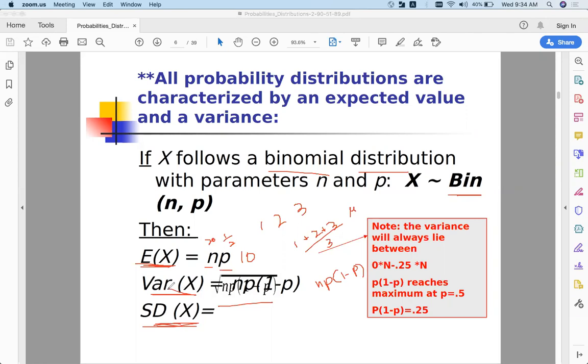So it's very important you understand the formulas. The square root of variance is given as standard deviation. So this is the variance, and the square root of the same thing, n times p times 1 minus p, is the standard deviation of binomial probability distribution. Okay, are these three things clear? How to find the expectation, the variance, and the standard deviation of a binomial probability distribution.